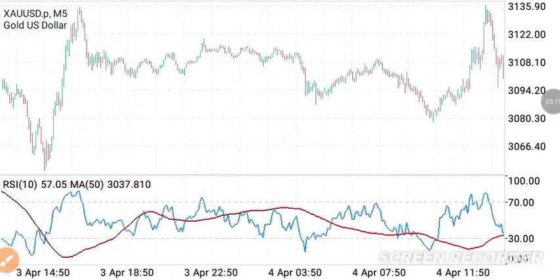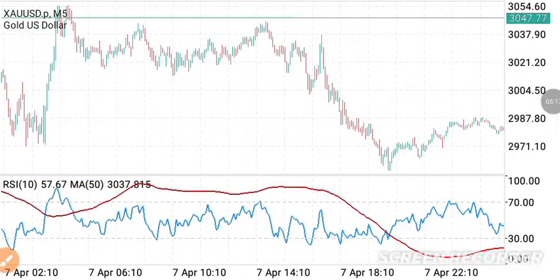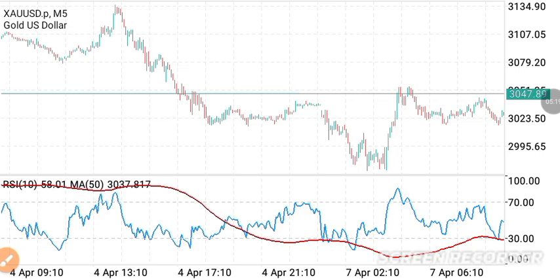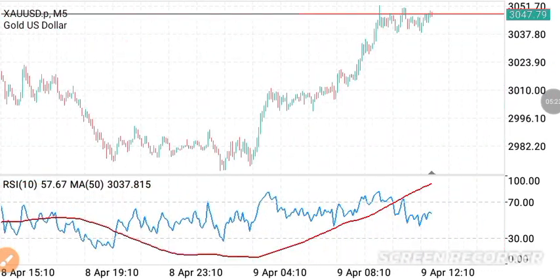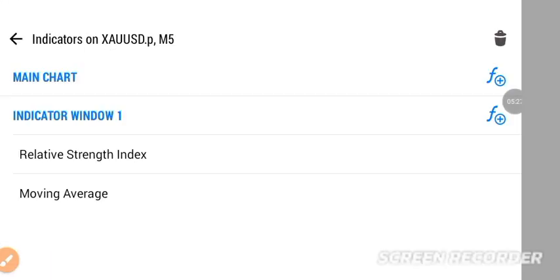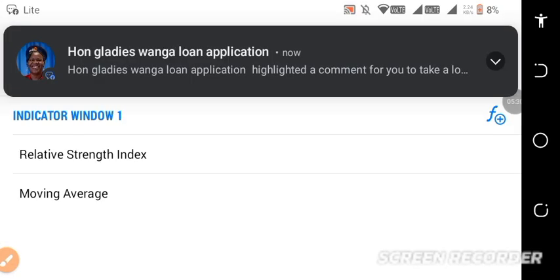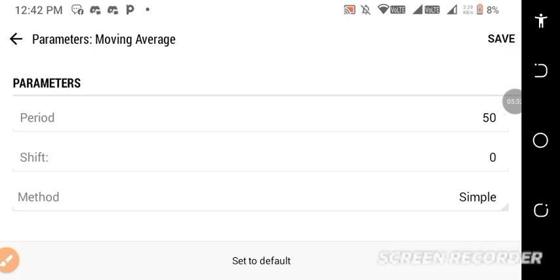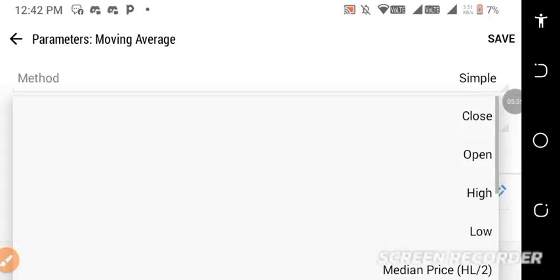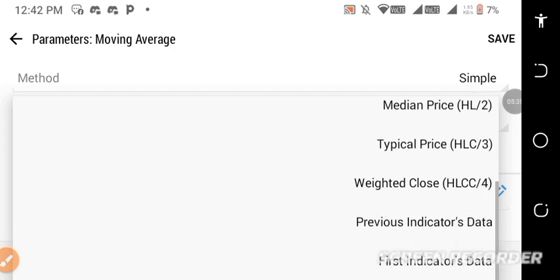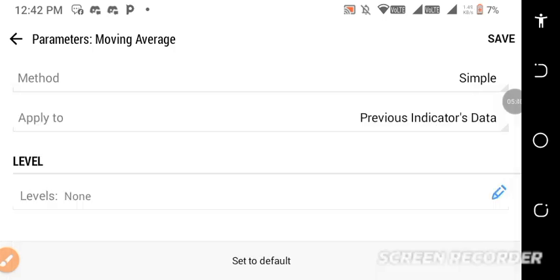We go again into the indicators tab, and in that moving average we go to the apply section. Apply, then we go down to previous indicator's data. We click it, then we save, then we go back to our indicator. You can see, yes, there are a lot of signals, but at least it's not lagging.